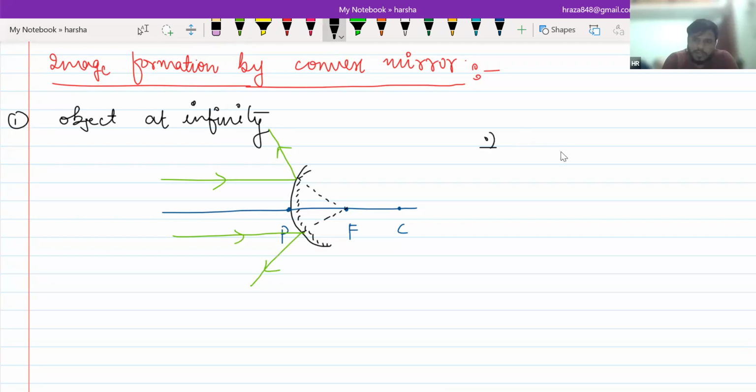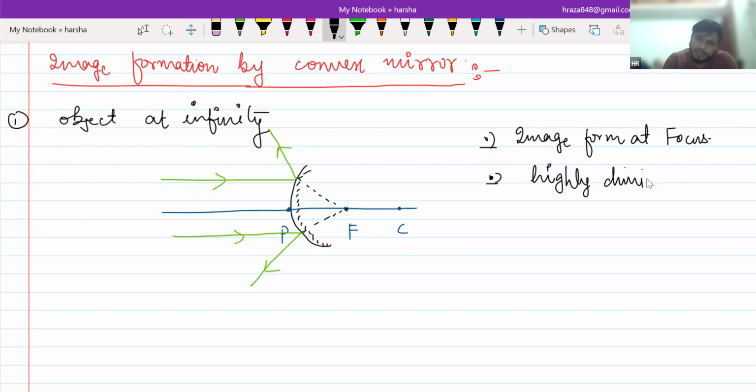So I'm going to write: image formed at focus. Highly diminished, that means very small, point sized. And the third one is basically you can see the image is formed by rays that appear to meet, so it is virtual and erect.